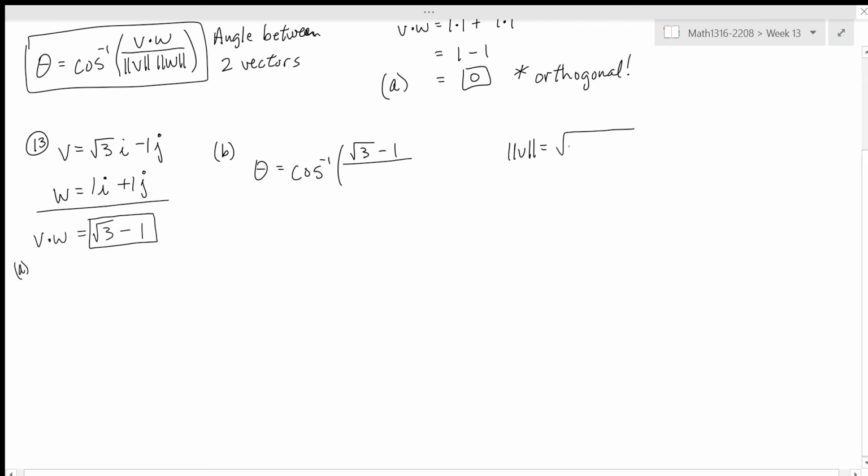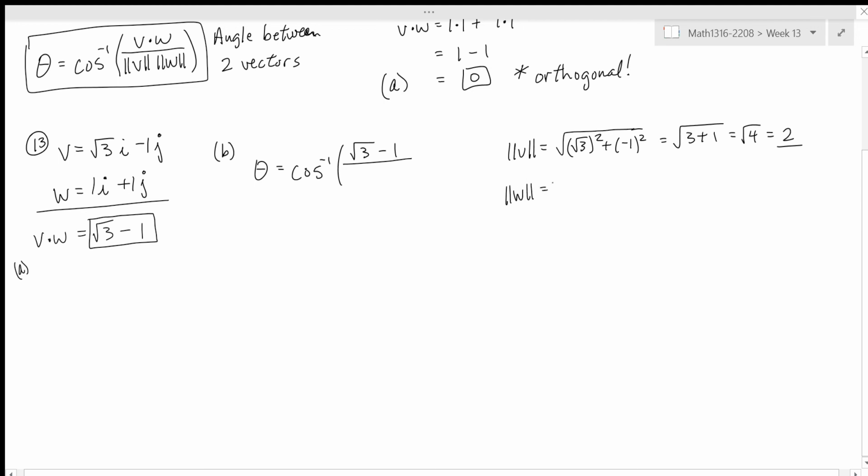So for vector v, that's going to be the square root of 3 squared plus negative 1 squared. And that's going to be the square root of 3 plus 1, which is square root of 4, which is 2. So far, so good? That is my magnitude of v.